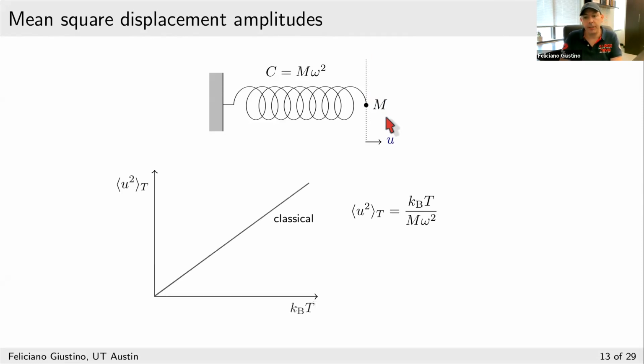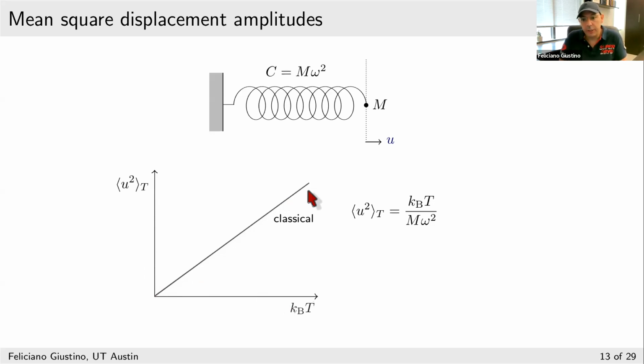Now, for the quadratic displacement, there is a very elementary way to derive it, and that's using the equipartition theorem. So you can say that the energy of the oscillators is k_B T/2 for each degree of freedom, and by inverting this relation, you obtain that the mean square displacement at a given temperature is very simply proportional to temperature, okay? So that means that when you increase temperature, the square displacement in a crystal, for example, will increase linearly.